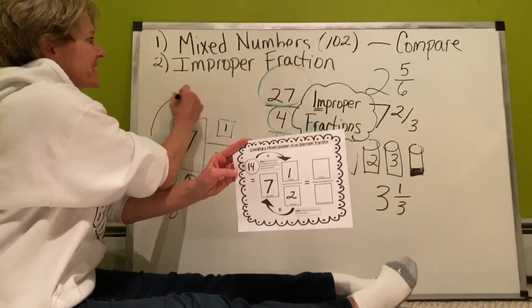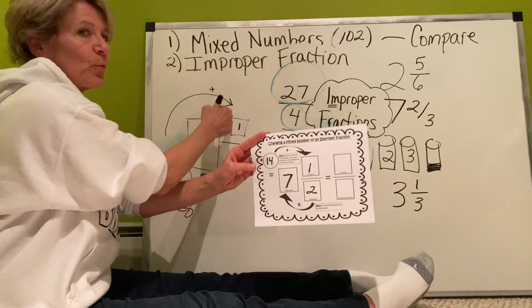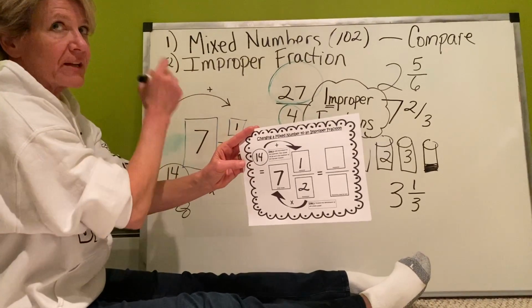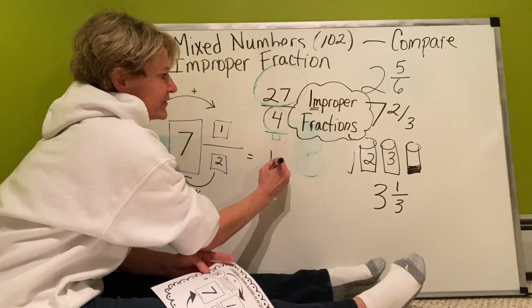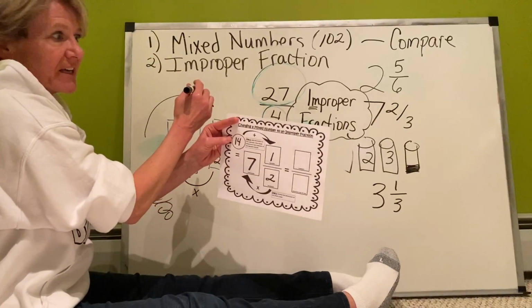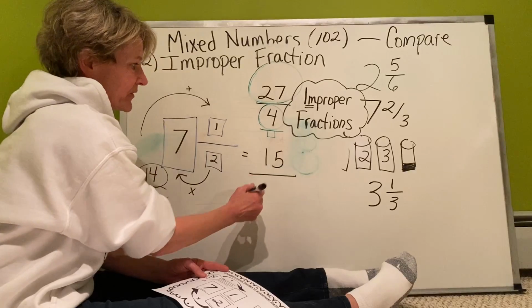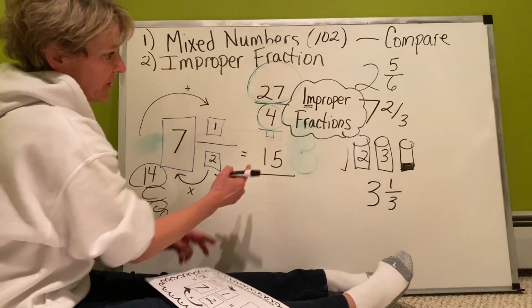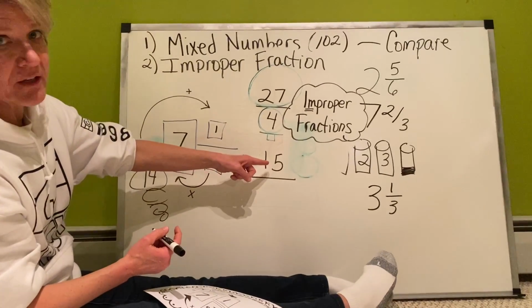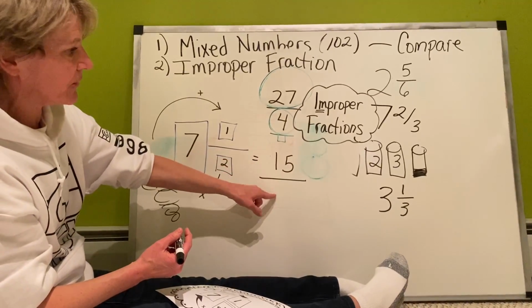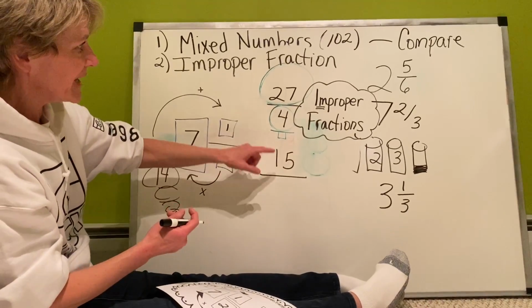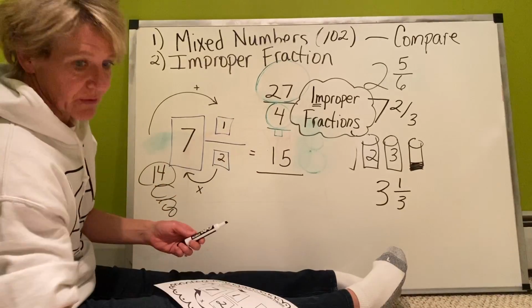So 14 plus 1 more, 14 plus 1 is 15. Now you say to yourself, well, all right, so 15 is my new numerator. Well, what about my little denominator?